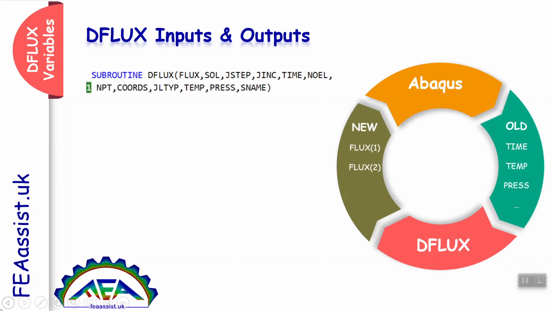Again, Abaqus gets flux 1 and flux 2 and computes the new variables: time, temperature, pressure, and other variables. This is how Abaqus and Dflux interact with each other. We need to understand this interaction well to write good Dflux subroutines. For example, what is flux 1? Flux 1 is actually the flux based on the derivative of temperature with respect to x, and flux 2 is the derivative of flux with respect to temperature. It is written based on your formulation.